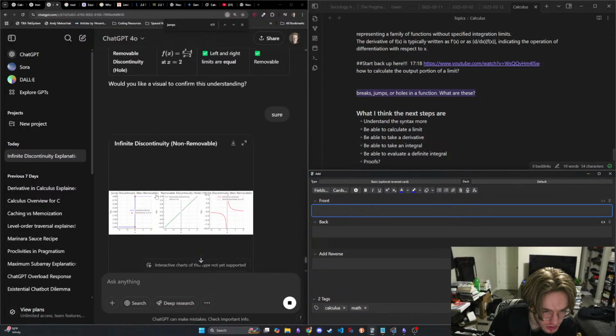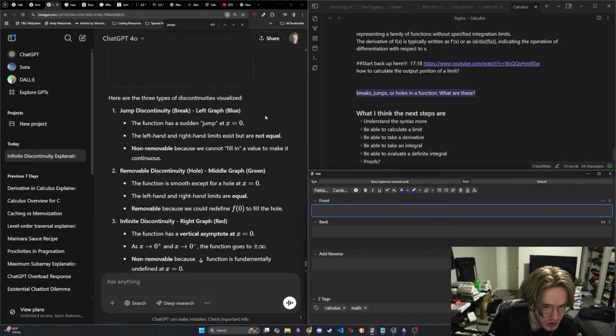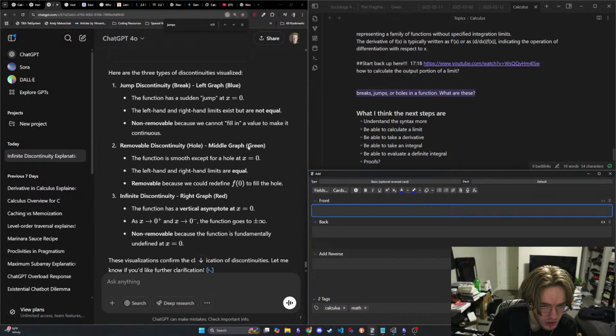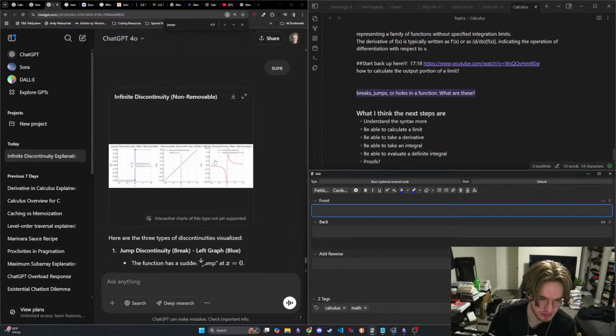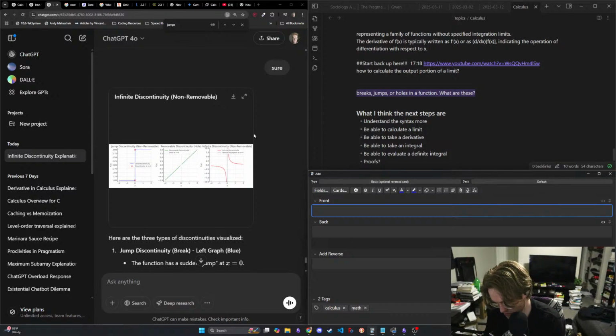Okay, so when we talk about jumps, breaks, and holes, we're not talking about infinite discontinuities. But the difference between a break and a hole is that a hole can be filled by removing the discontinuity.